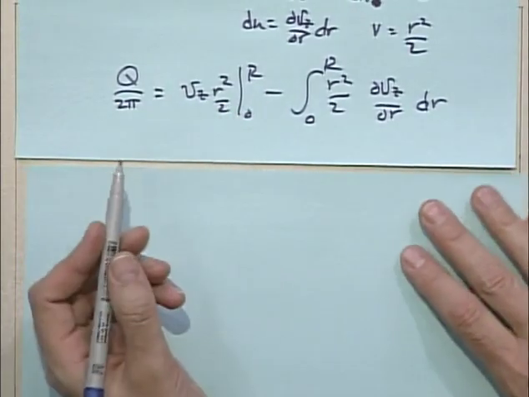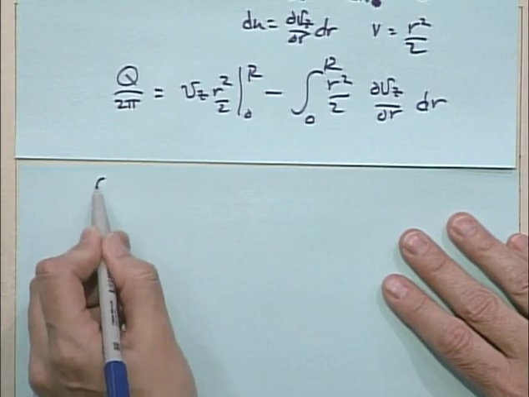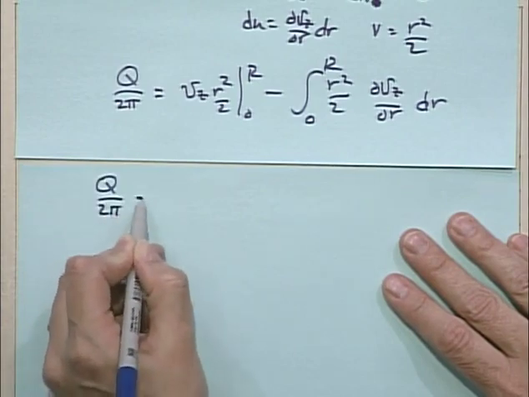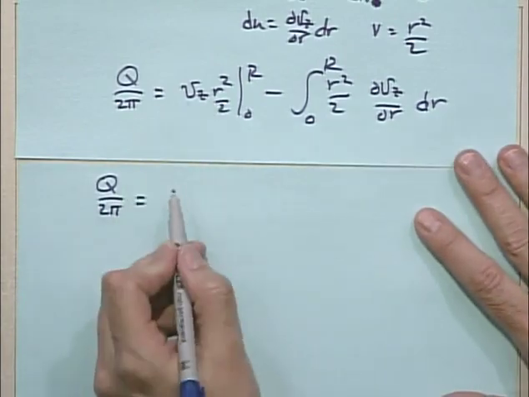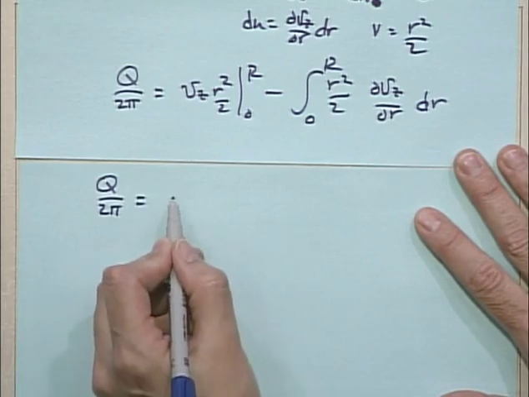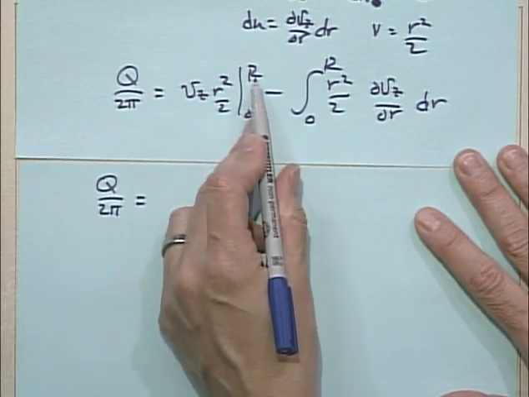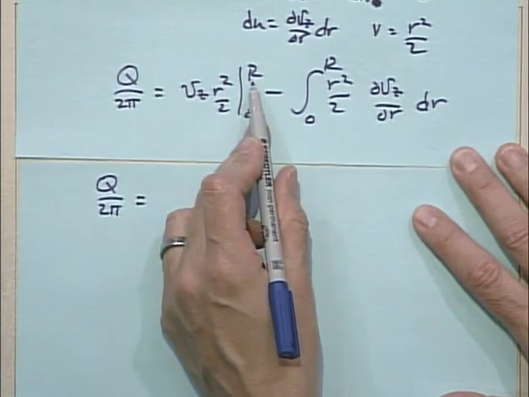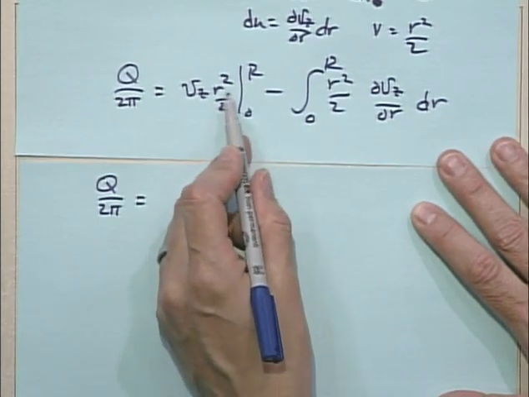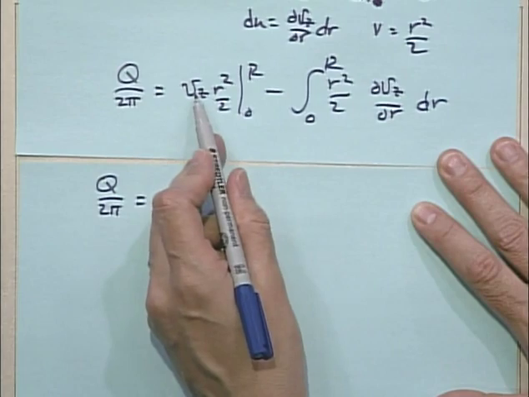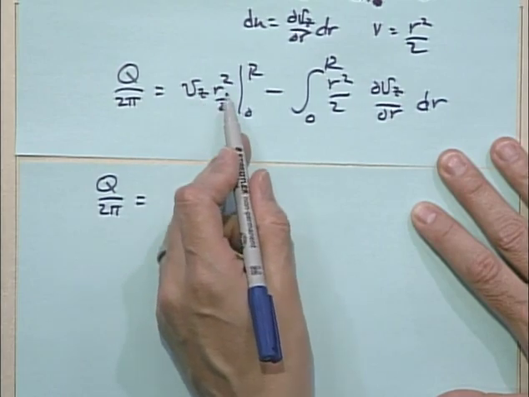We can carry out these limits here. Q over 2 pi equals vz at the wall, which is 0, times r squared over 2, minus vz in the center, which is a big number, times 0.